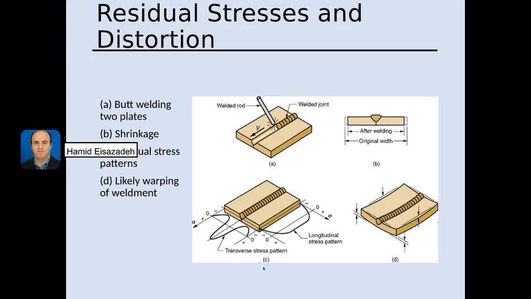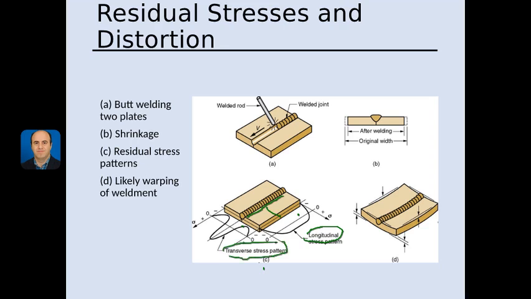Here we have a welding process done, and this shows residual stress left by welding, and here we have a stress pattern with different stress components. The stress along the weld is called longitudinal stress, and stress along this direction is called transverse stress.